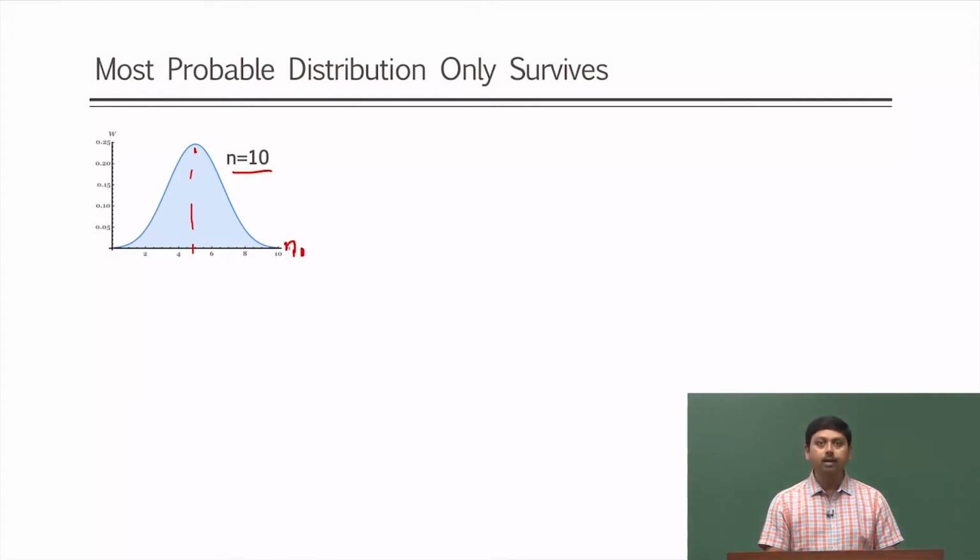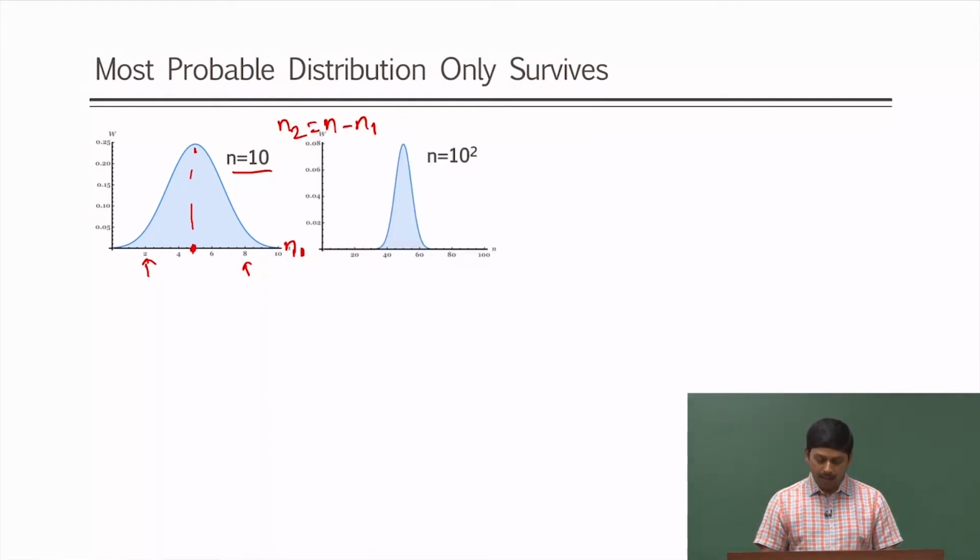The number in the other box, N2, is already decided, because N2 is N minus N1. If N1 is 5, then N2 is also 5, but if N1 is 2, then N2 is 8, and if N1 is 8, N2 is 2.